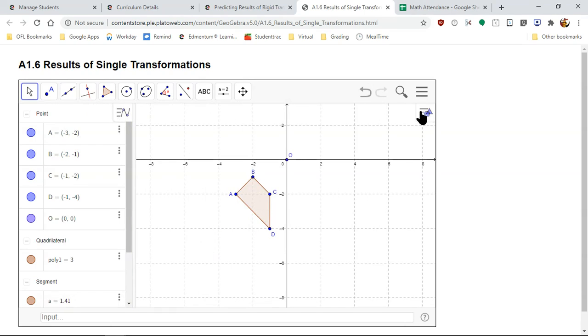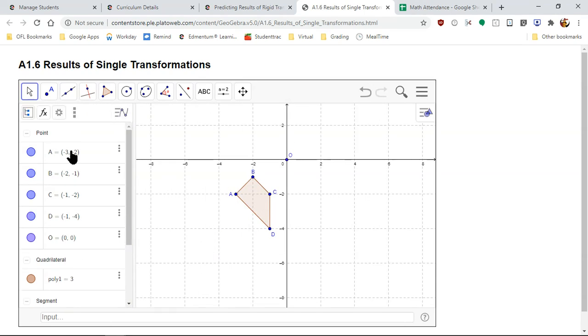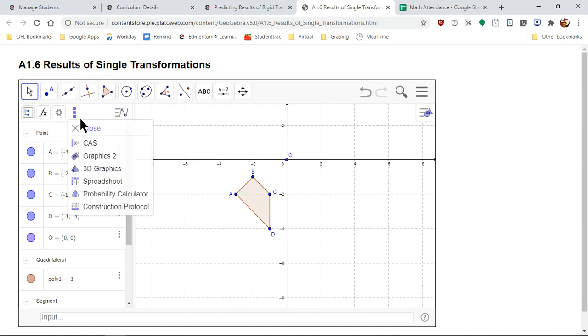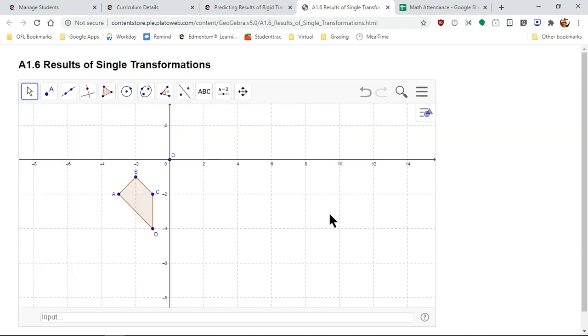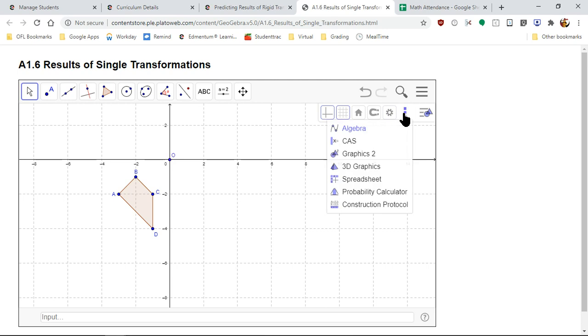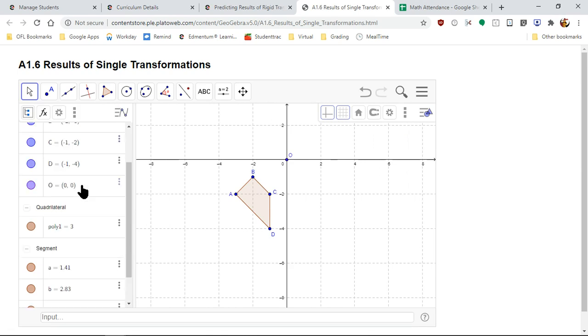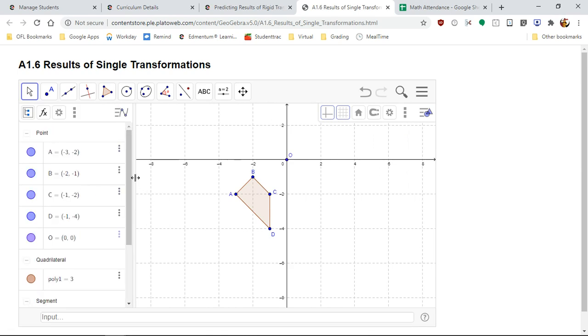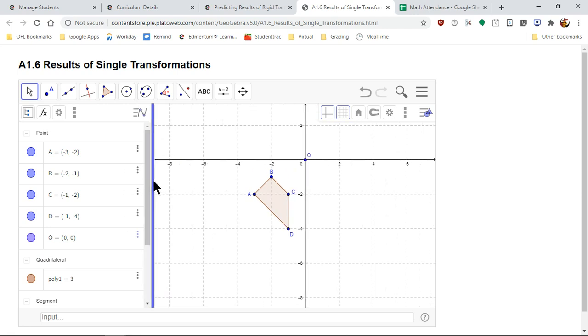If it's not showing up, you click this little shape, then click these three little dots and go to algebra. That pops up all of this right here.